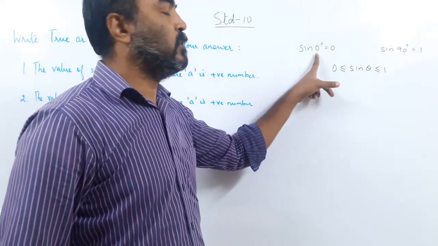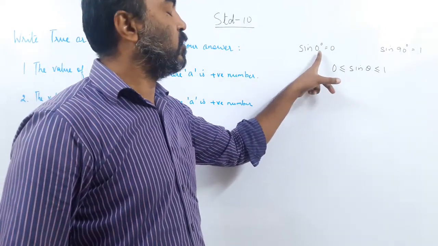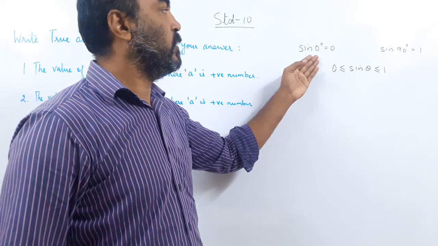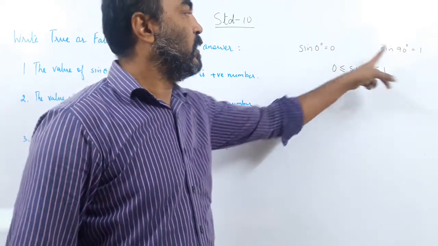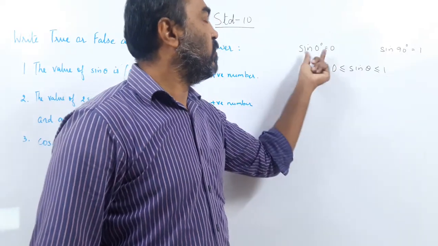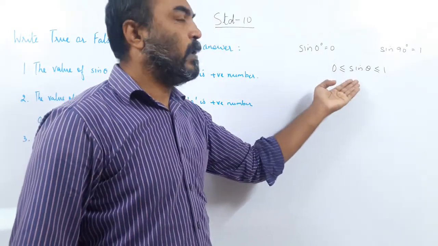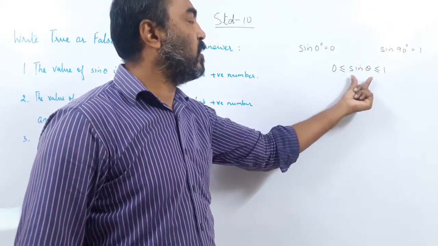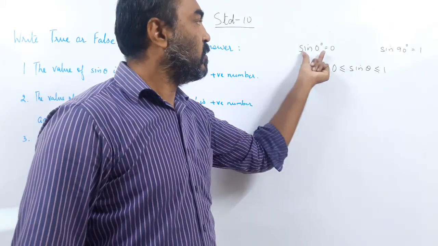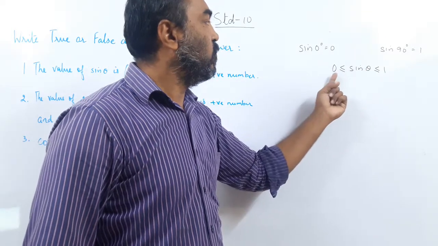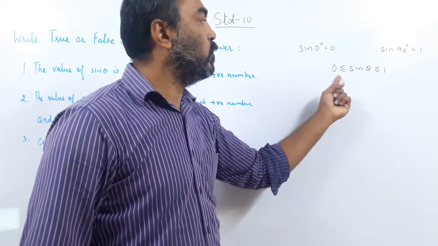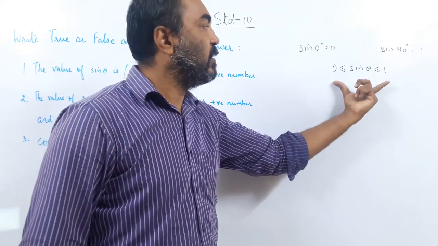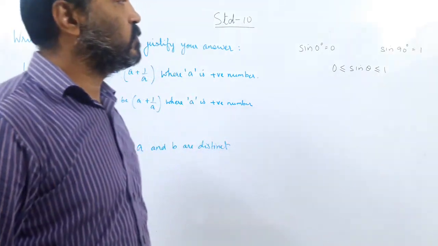Now sine can be 0 degree, 30 degree, 45 degree, 60 degree or 90 degree. So sine 0 is 0 and sine 90 is 1. Whatever the degree is, 23, 25, 35, 40, the value of sine theta will be greater or equal to 0 but less than or equal to 1. Sine theta can only stay within this range.